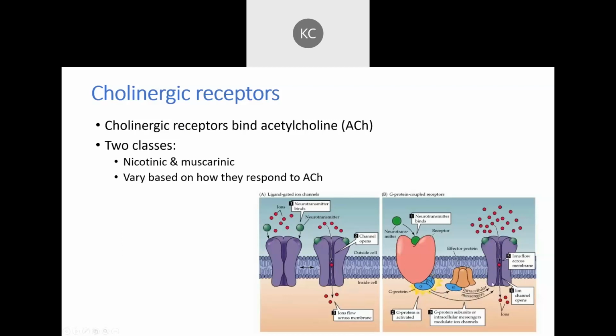So now we have activated this G protein. We activate these other messengers called second messengers. These second messengers come over and stimulate the opening of this ion channel, and the ions flow in. So you notice that you end with the same thing in both: you end with ions flowing in, but the way you accomplish it varies depending on if you're talking about nicotinic versus muscarinic. But both of these are responding to acetylcholine.